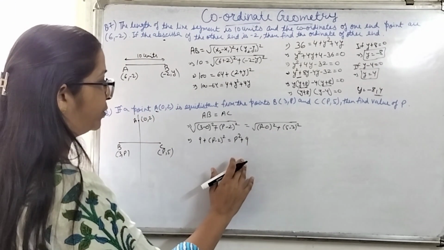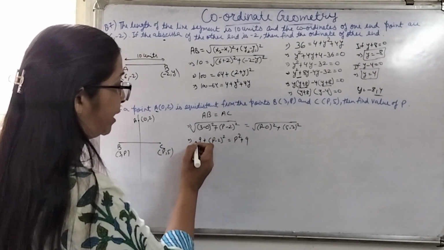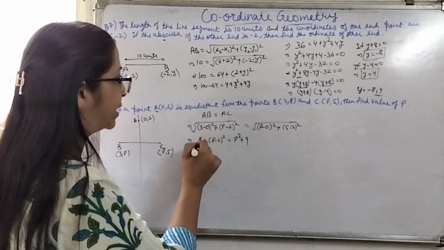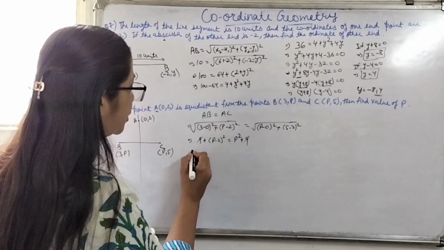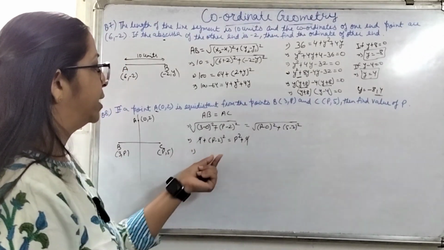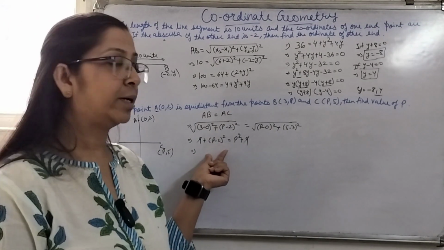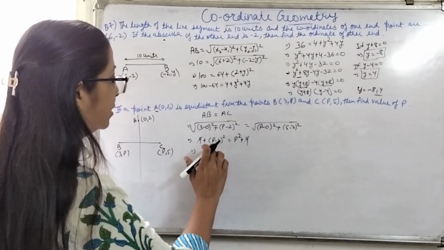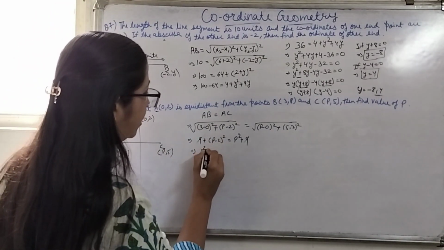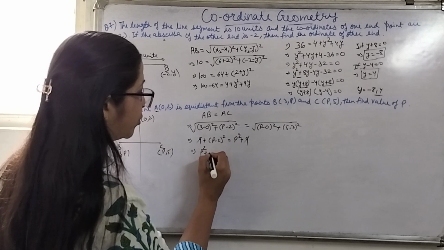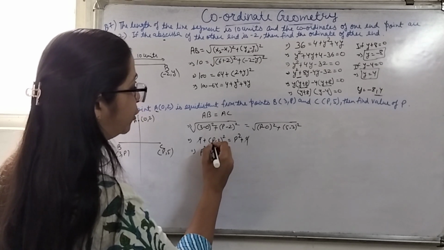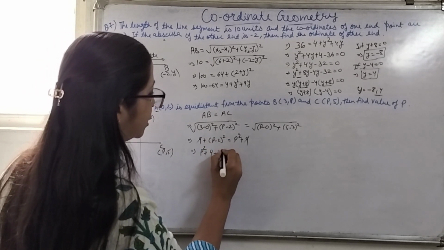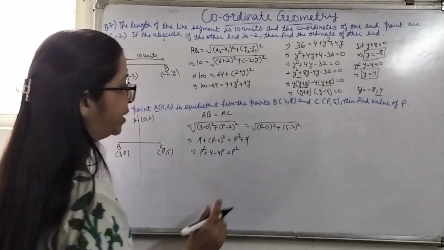Now if we solve it further, this 9, if I take it over here, will be minus 9, so we can cancel these two 9s. Now the expansion of this: it is (a minus b) whole square, that is a square plus b square minus 2ab. So we can write this as P square plus 2 square, that is 4, minus 2 into P into 2, that is minus 4P, is equivalent to P square.